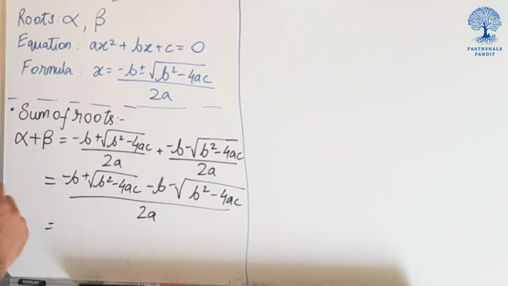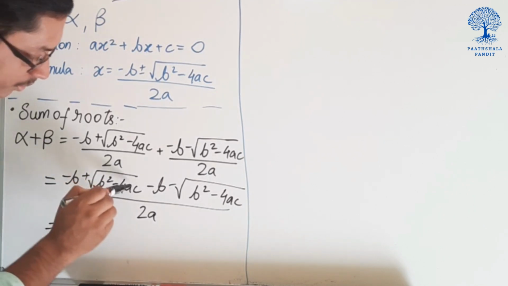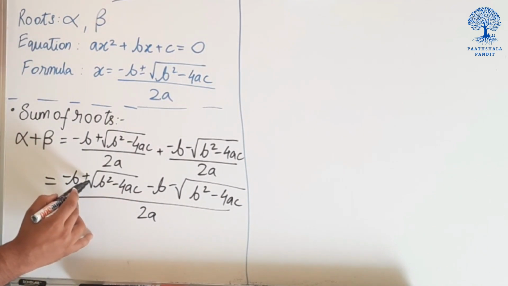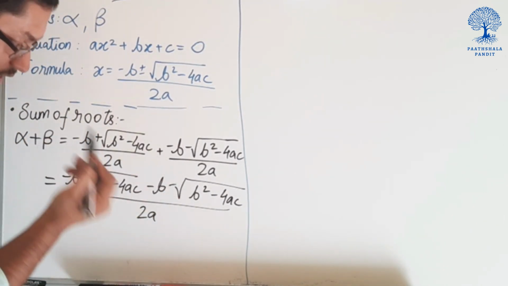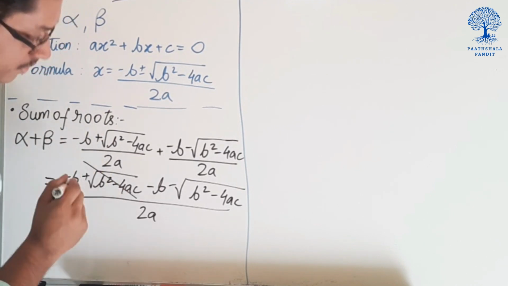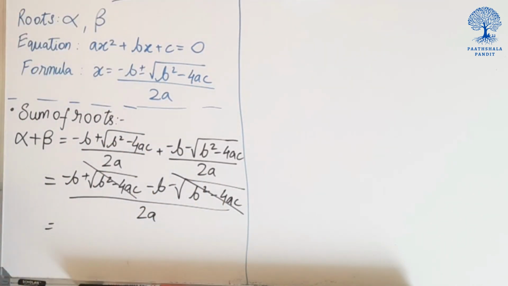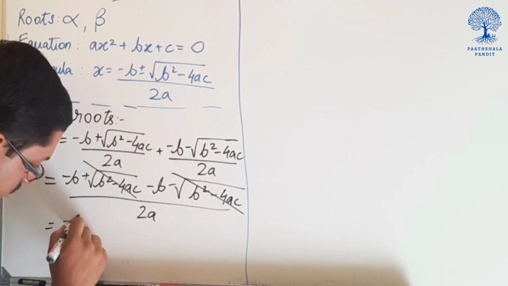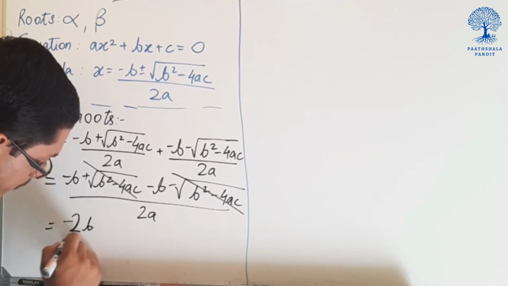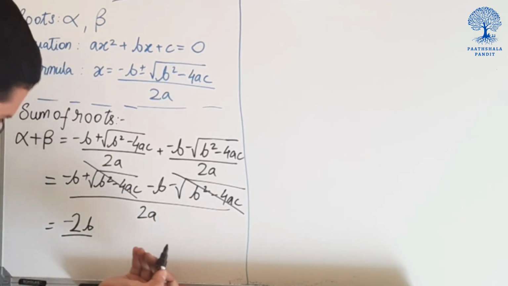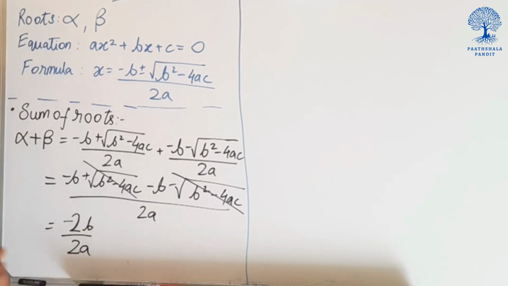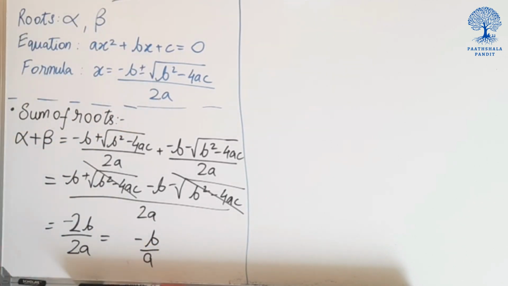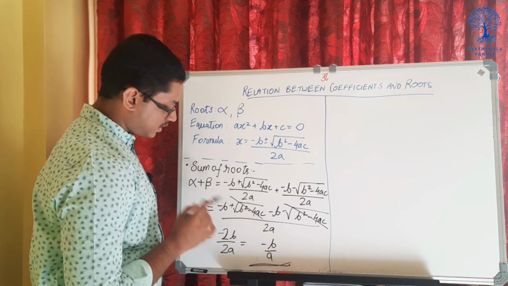Now what will happen is, see here b square minus 4ac is there, here also b square minus 4ac is there, but here it is plus and here it is minus. So naturally this term and this whole term will get cancelled, of course. So what will remain? It will be minus of 2b. Okay, minus 2b by 2a, which in turn will give minus b by a. Minus b by a is the sum of roots.